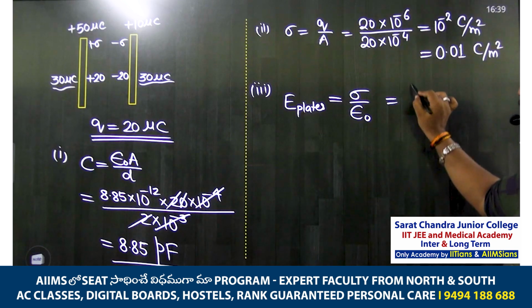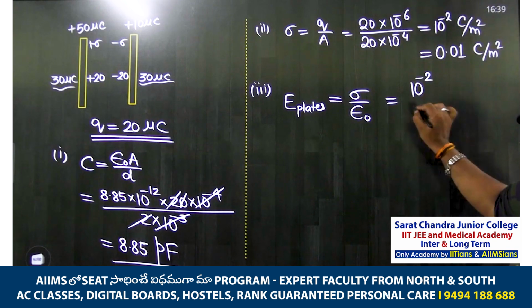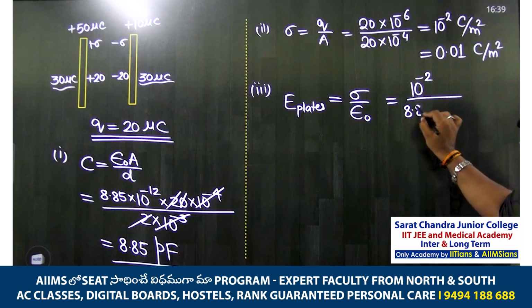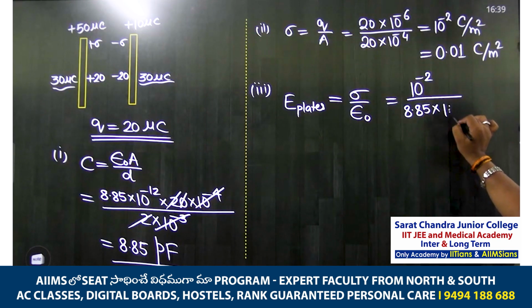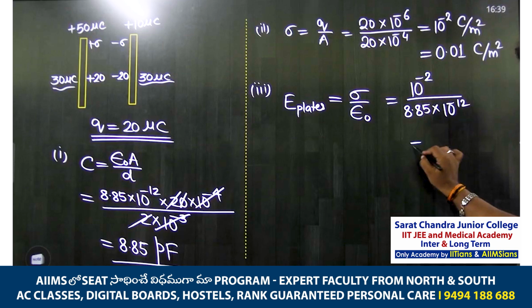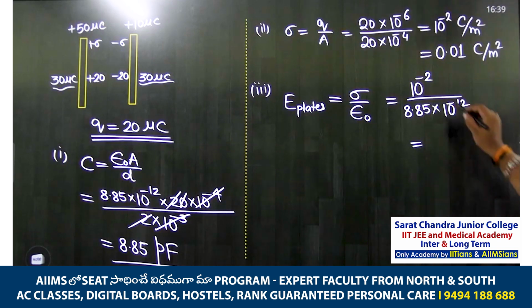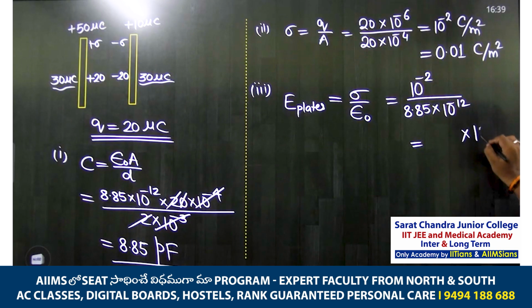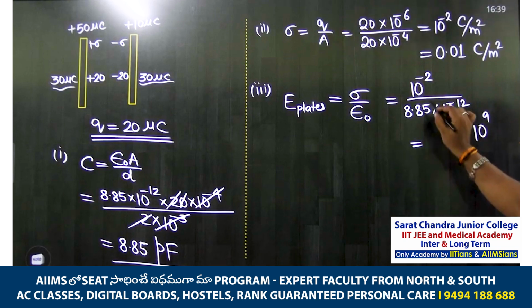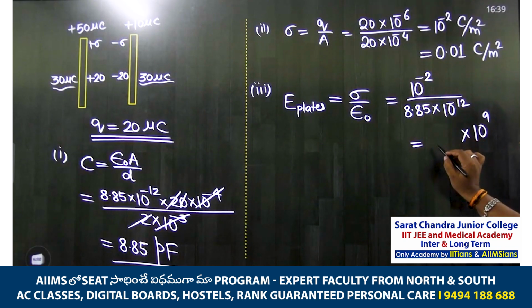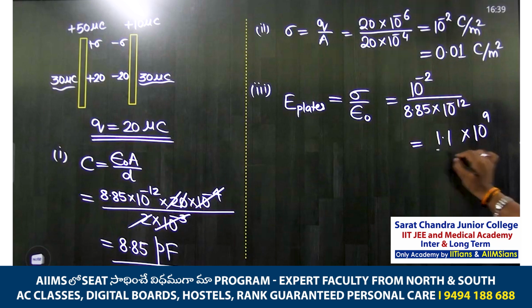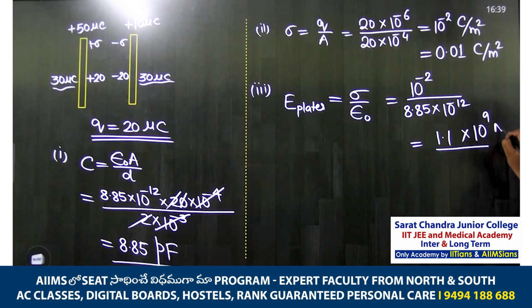So sigma by epsilon naught, that means 10 to the power minus 2 by 8.85 into 10 to the power minus 12. If this is 10, it is 10 to the power minus 3, so it is going to be 10 to the power 9, 10 by 8.9, some 1 point something, Newton per coulomb.